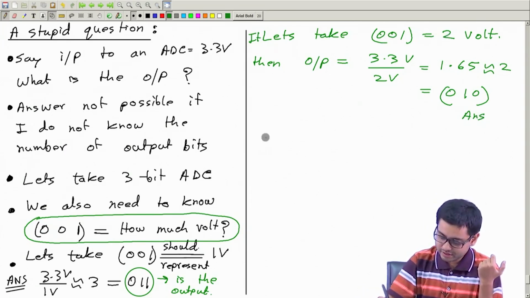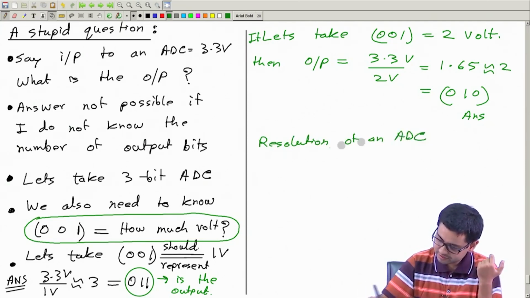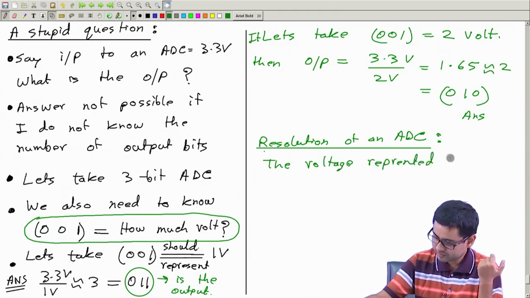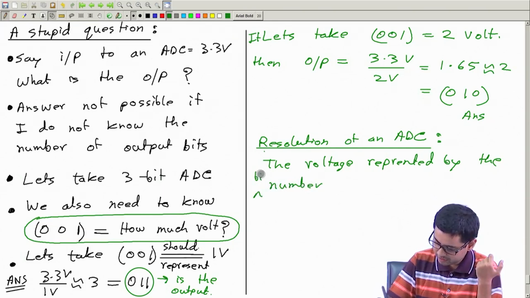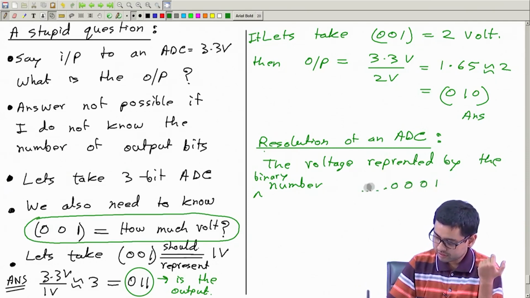Okay, so resolution of an ADC. This is the voltage represented by this binary number 1, 0, 0, depending on as many bits as we have, those many zeros.